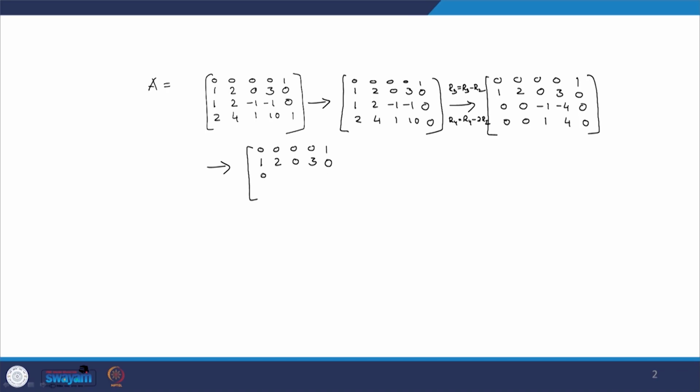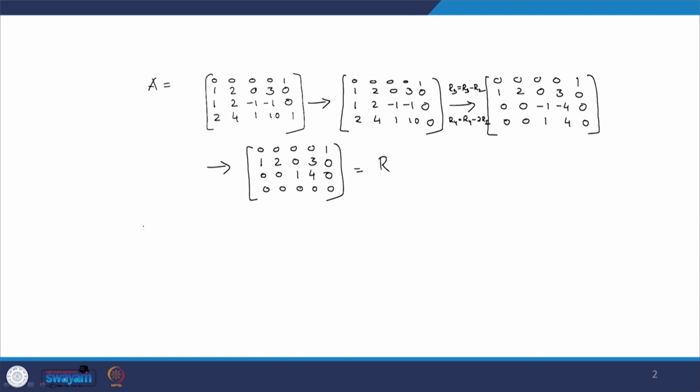I will have the result 0, 0, 1, 4, 0, and then if I simply add it to the fourth row, I am getting 0, 0, 0, 0, 0. So, now this is a row reduced matrix, because it satisfies both the criteria of the definition of the row reduced form, say R.